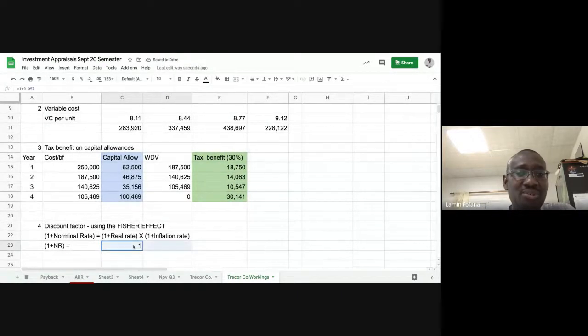So we take both of them to 2 decimal places. So 1 plus real rate is equal to 1 plus 0.057, since it is 5.7%.